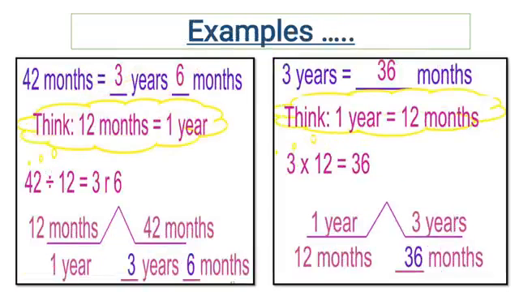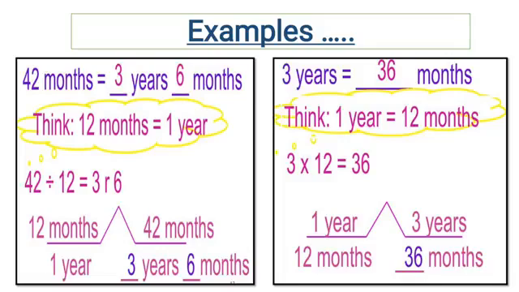Then 42 months, how do you convert it into years and months? Now you know the relation, 12 months is equal to 1 year, and 42 is divided by 12, then our answer comes 3 years 6 months.